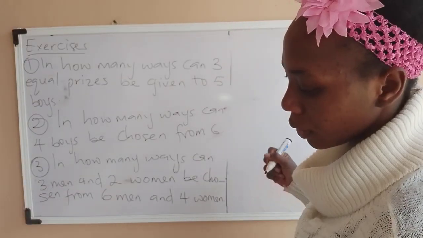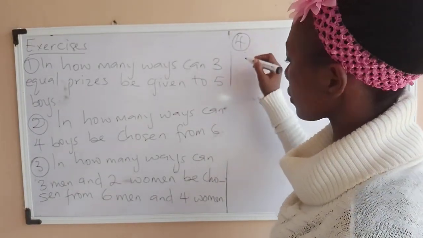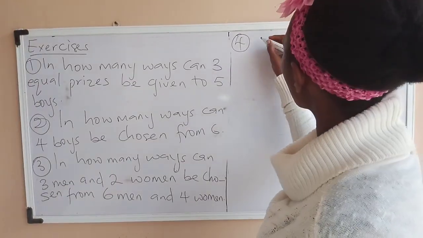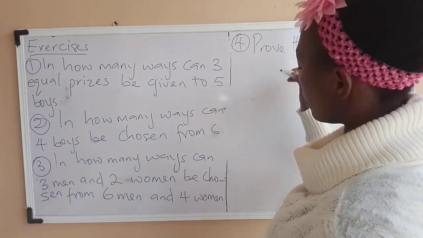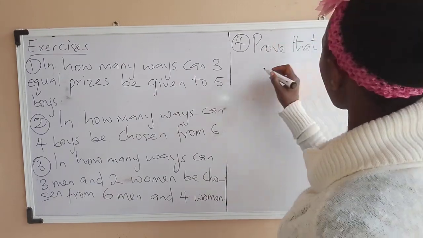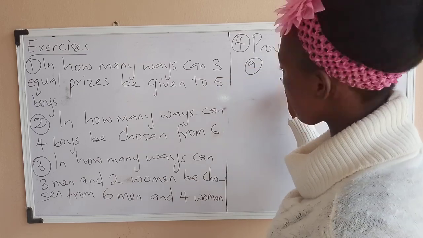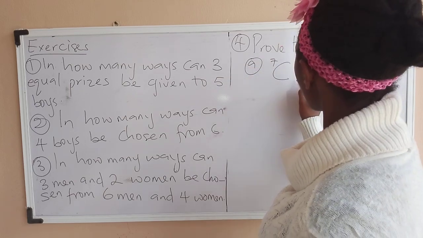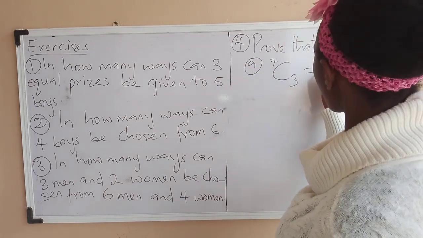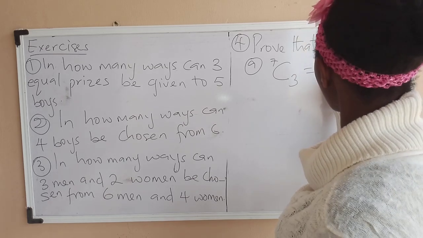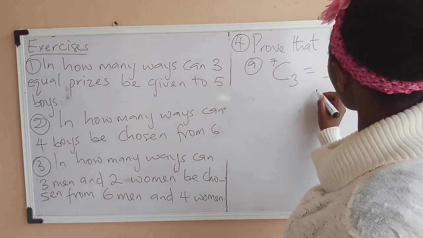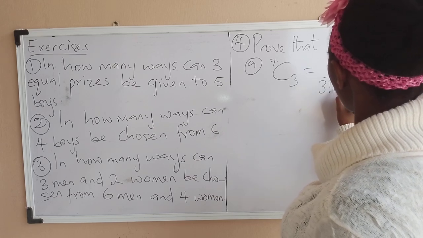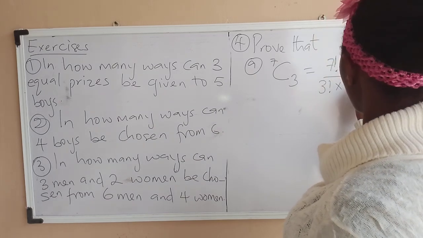Okay, number 4. Prove that A, 7 combination 3 is equal to 7 factorial over 3 factorial times 4 factorial.